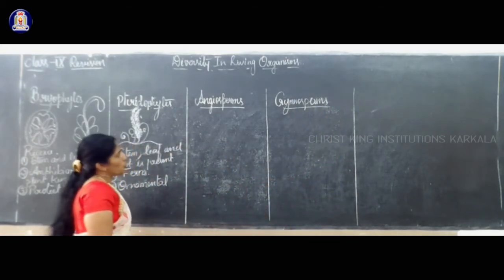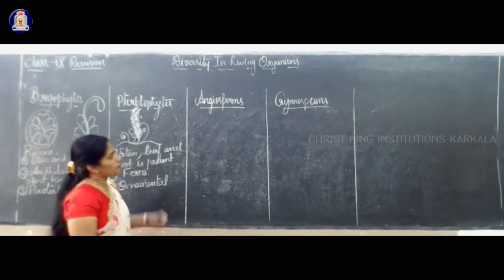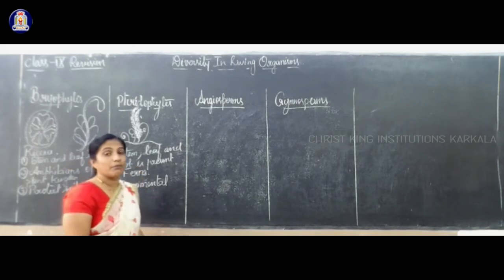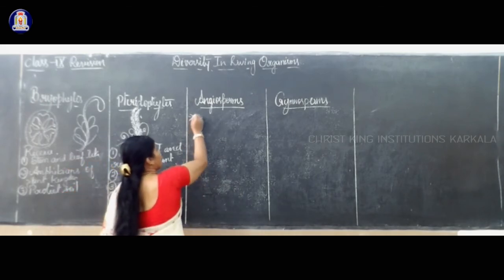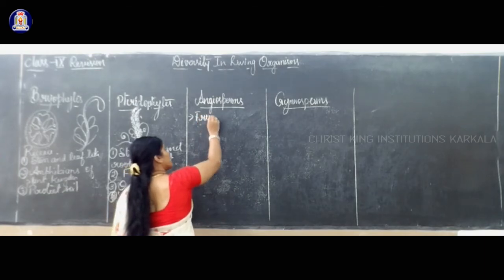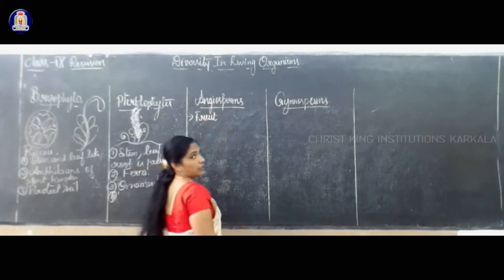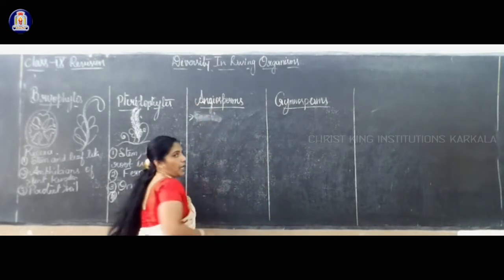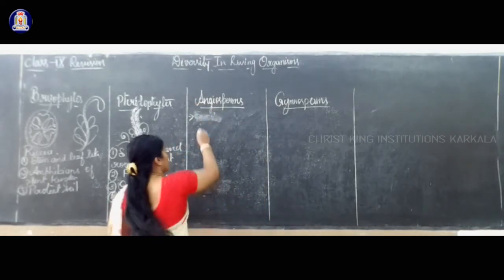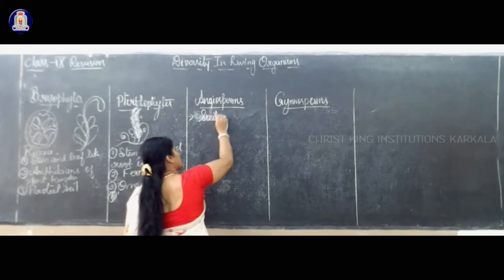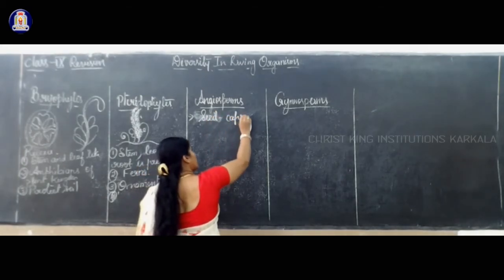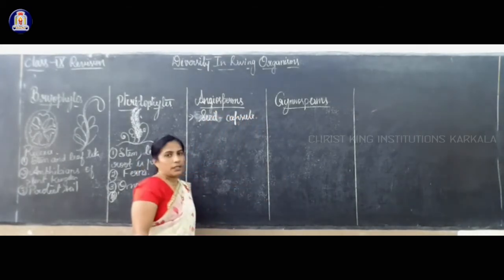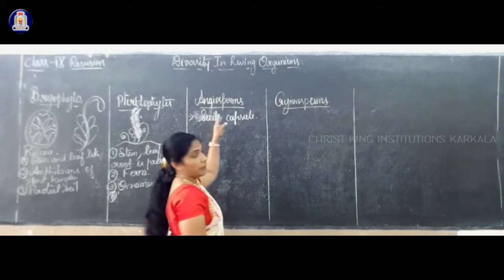Angiosperms and gymnosperms. What do you mean by angiosperm? The seed is covered with a fruit or a capsule. You can write here that the seed is covered with a capsule, so that's why the name angiosperm.